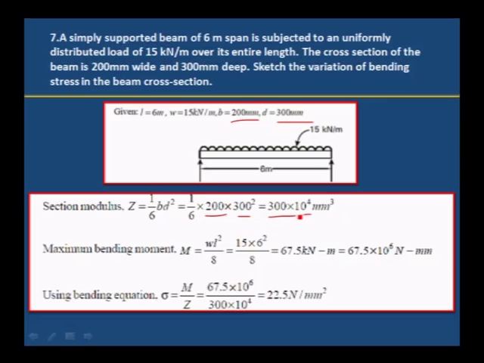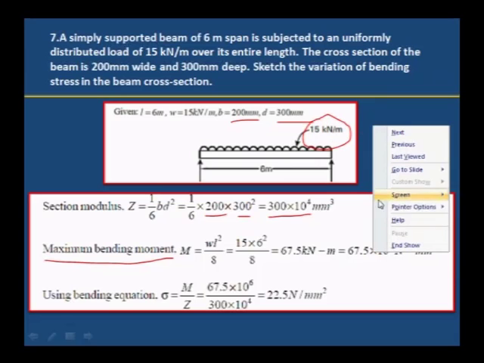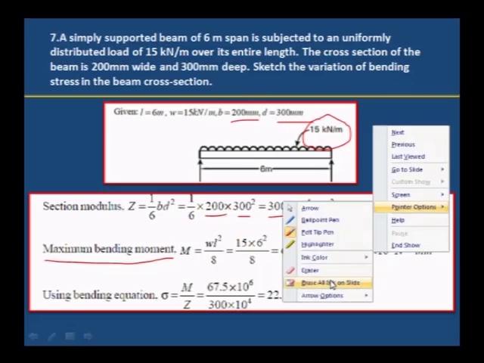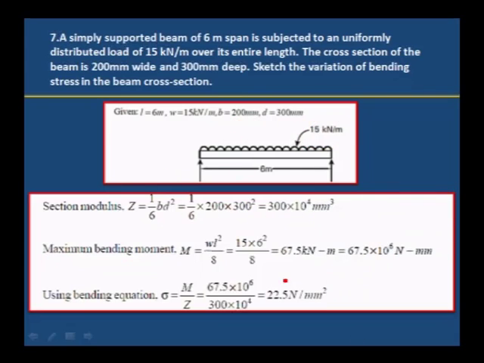We have the value of Z. Then the maximum bending moment, because it is a simply supported beam carrying a UDL of 15 kilonewton per meter throughout its span. Maximum bending moment is given by M is equal to WL square by 8.